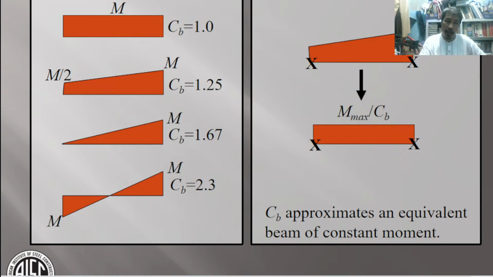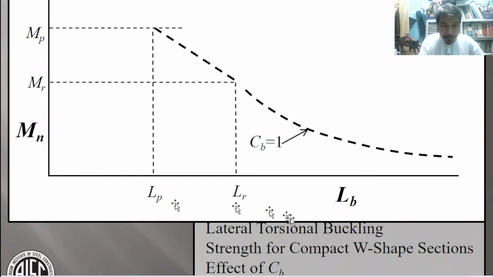Now it is becoming apparent what effect CB will give us. It is better to see it visually rather than through the formula of CB, which is very complicated. We have 3 regions: elastic, inelastic, then plastic.